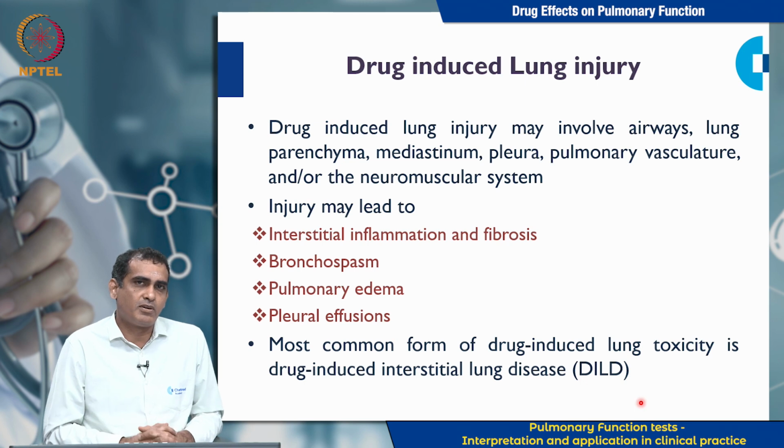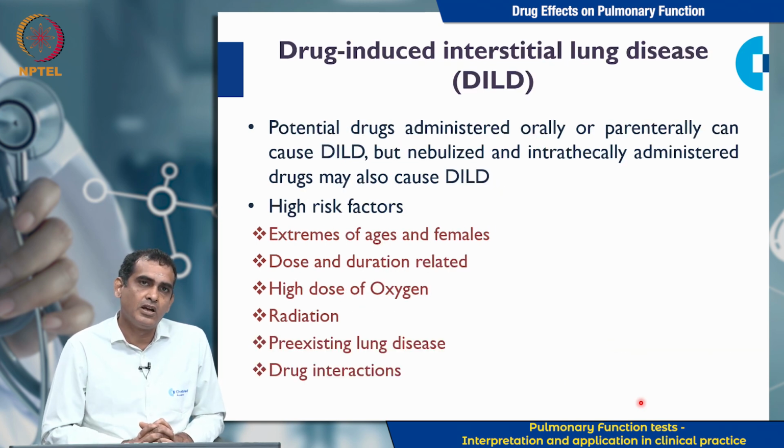The most common form of drug-induced lung toxicity is drug-induced interstitial lung disease. I am again repeating, the most common form of drug-induced lung toxicity is interstitial lung disease. It affects the lung parenchyma or interstitium. Whichever route we administer the medications by, we can get this ILD.